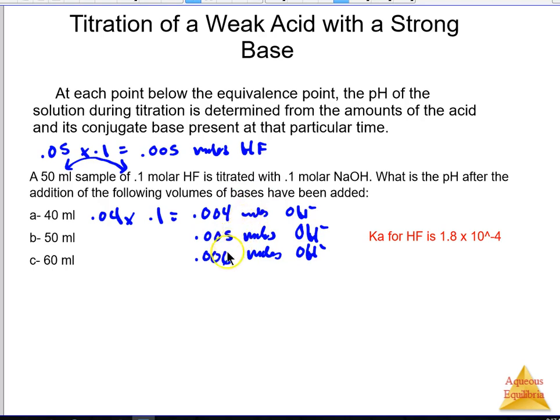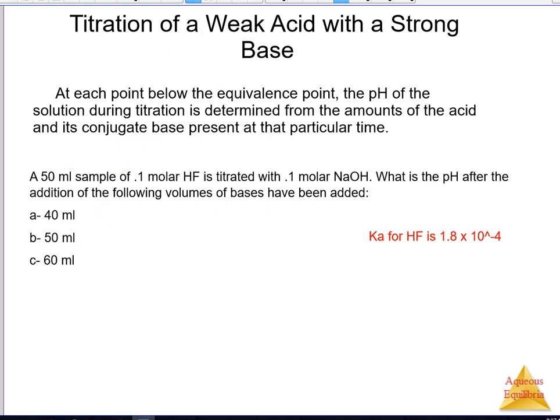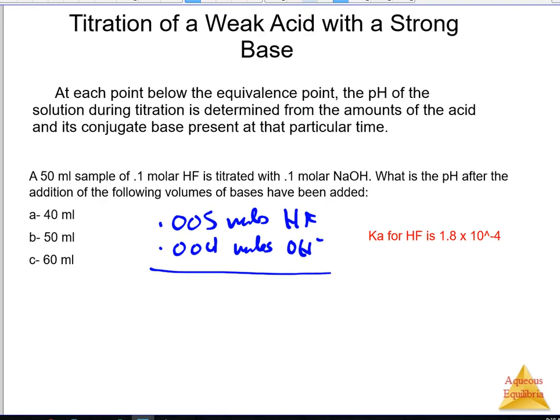But here we go. So the first one, I have 0.005 moles of HF. I have 0.004 moles OH minus. In this, chemistry before math, what happens is the H plus reacts with the OH minus to form water. You okay with that?